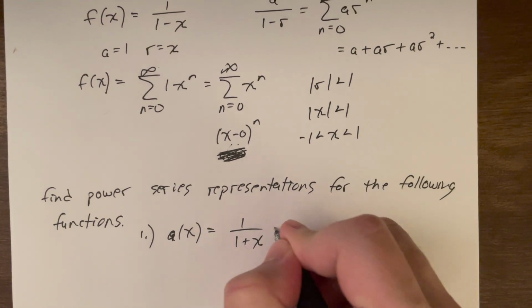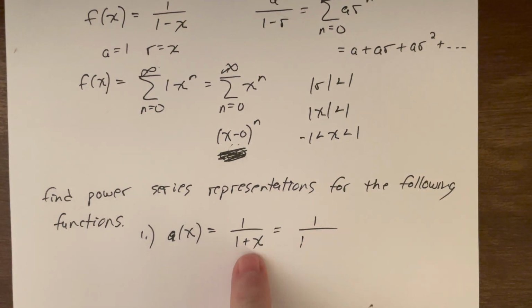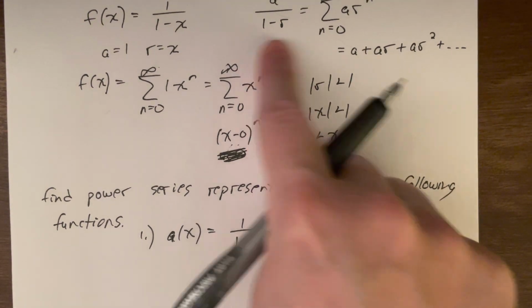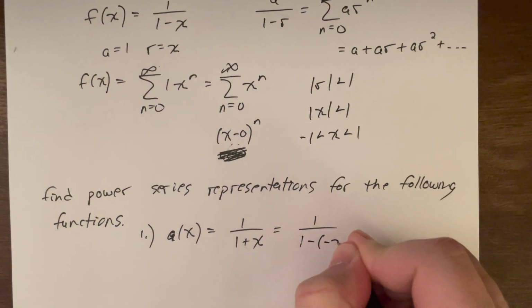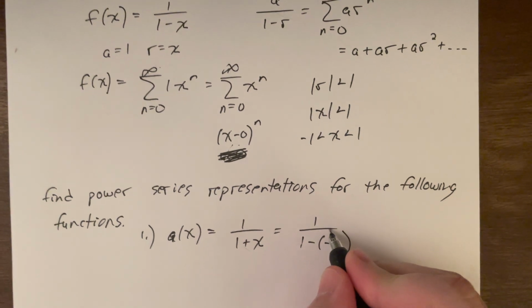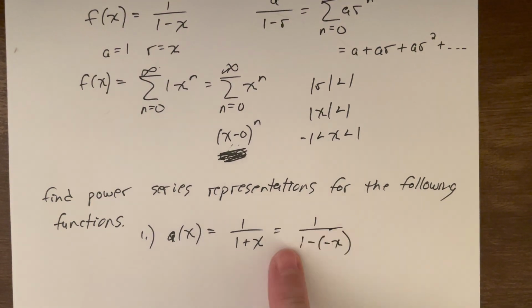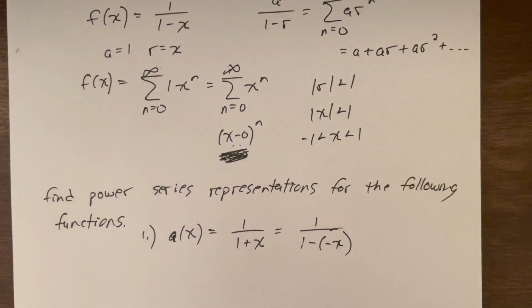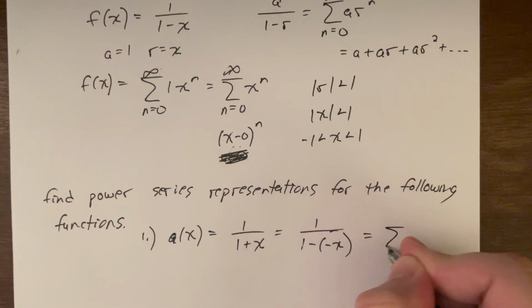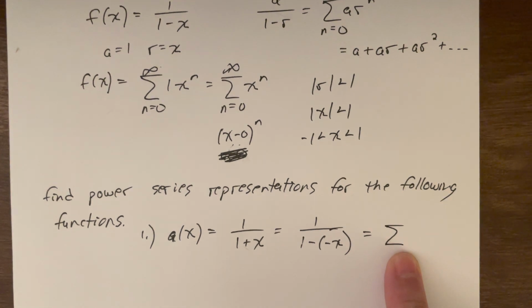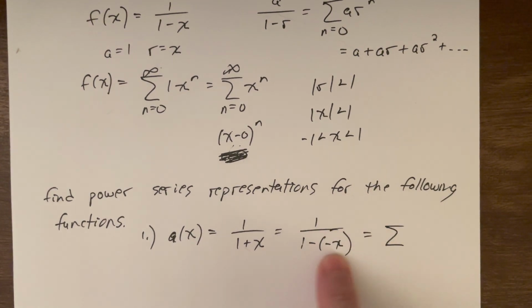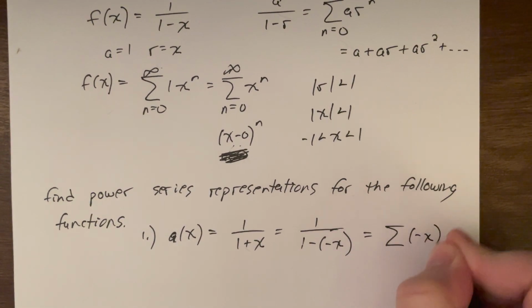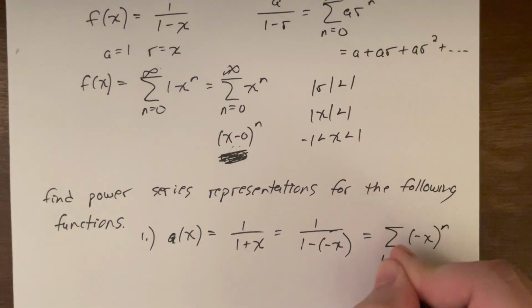Well, I already have the 1, but how can a plus x be written as minus r? Well, that's not that bad. We'll just write it as minus a minus. 1 over 1 minus a minus x. Now we've made that little transformation. So now when I plug in, a is 1, r would be minus x to a power.